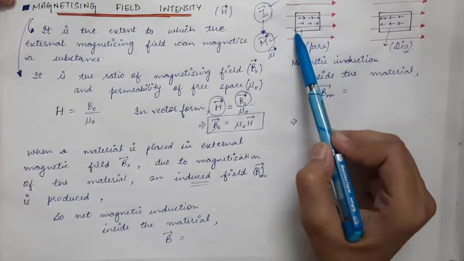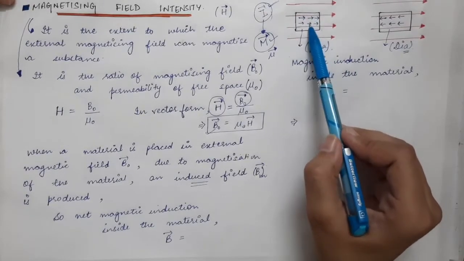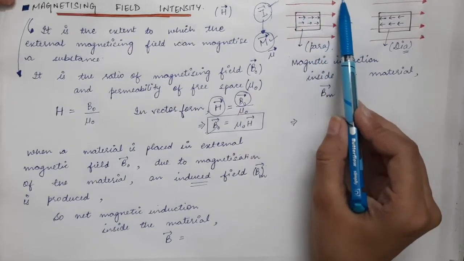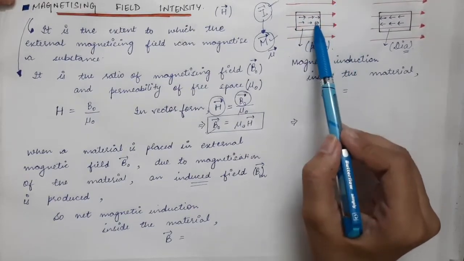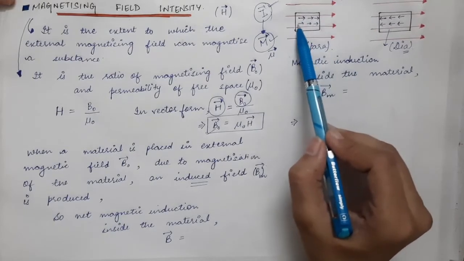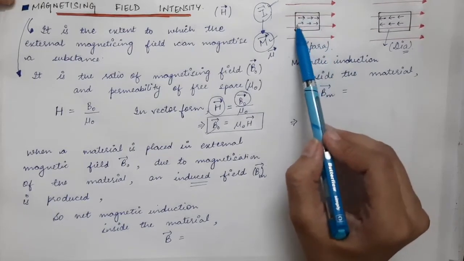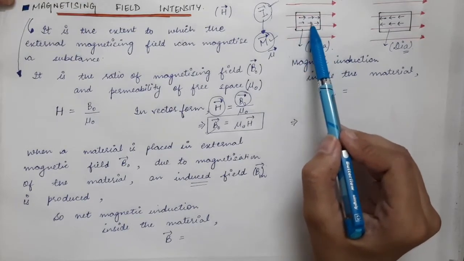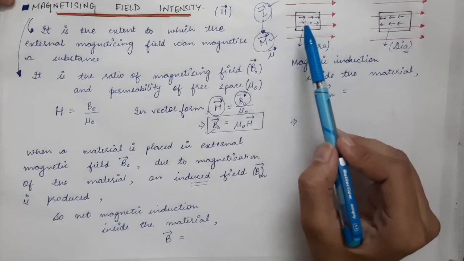When you have placed this material inside the external magnetic field, the magnetic field was B naught vector. But due to the effect of this magnetic field, the magnetic dipole moments got aligned in the direction of the magnetic field, and a magnetic field got induced inside this sample.